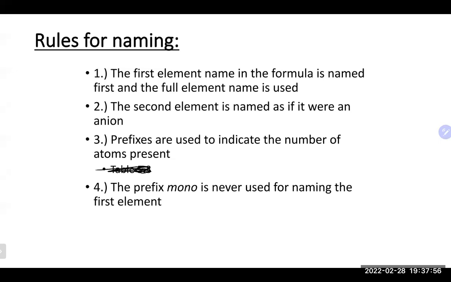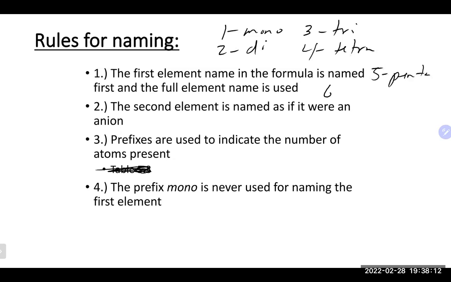And we do use these prefixes. 1 is mono, 2 is di, 3 is tri, 4 is tetra, 5 is penta, 6 is hexa, 7 is hepta, 8 is octa, 9 is nona, and 10 is deca. We don't usually get that far, but that's usually where we're at.